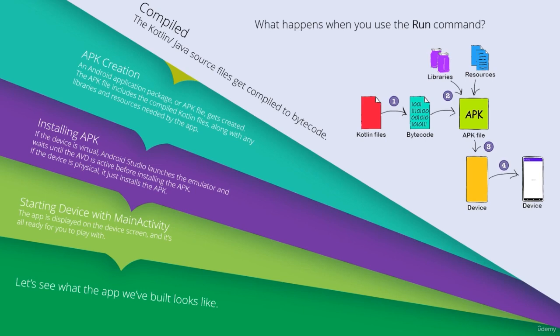Then it will start the app with the main activity. So the last step is starting the app. The app is displayed on the device screen and it's all ready for you to play with. So these are the steps that Android Studio follows when you hit the run command.